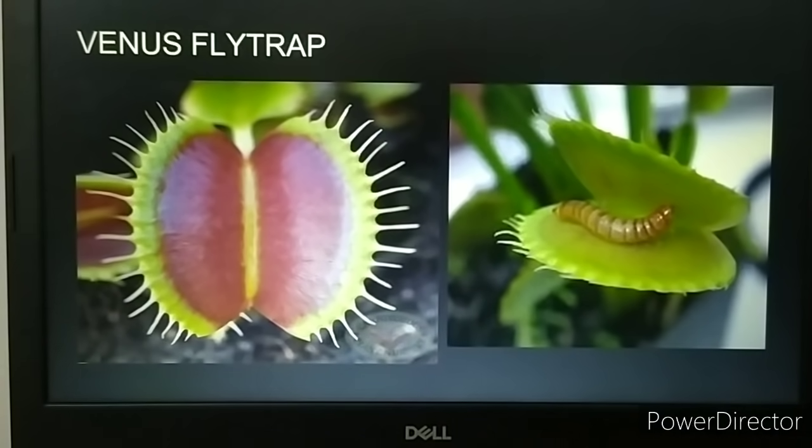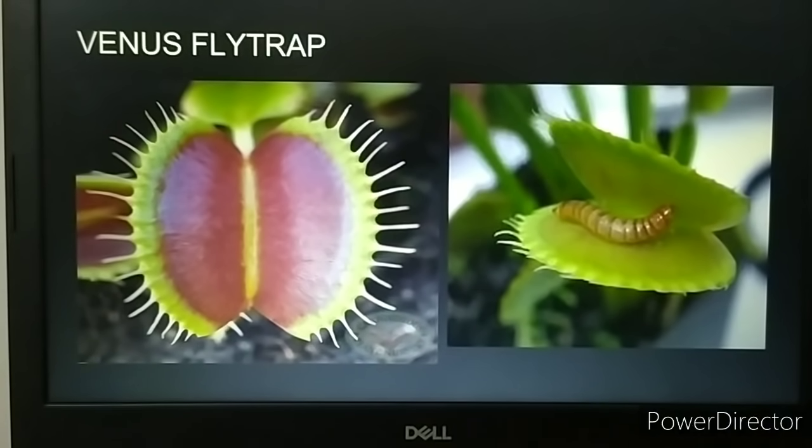Now what does that mean? Interlocking means the two edges come closer to each other and finally they get closed. And this prevents the escape of the insect. The plant then secretes juices which help in digestion of the insect, meaning the insect gets digested by the plant.